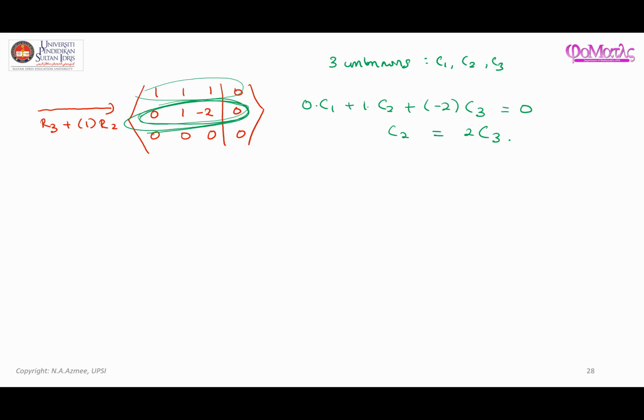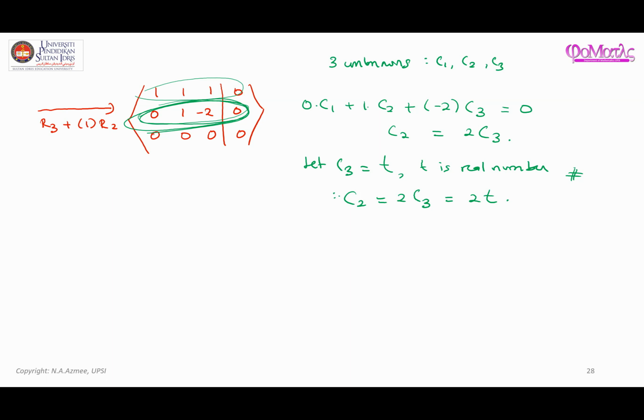Now, what is c3? I'm just going to let c3 be any alphabet. So c3 can take any value t, where t is a real number. That's the solution for c3. And therefore c2 is equal to 2 times c3, which is actually equal to 2t.